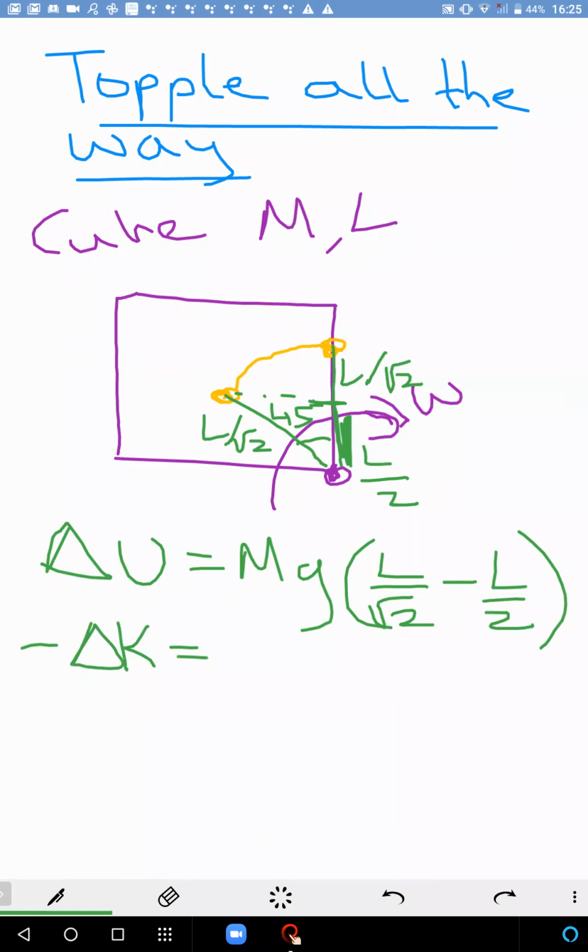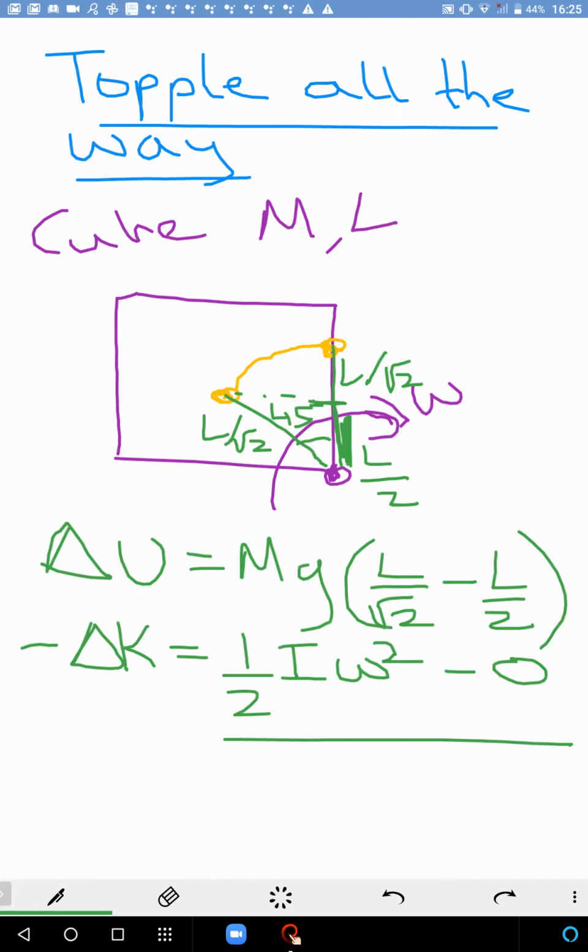The kinetic energy has decreased by how much? Finally it was zero, so it decreased by whatever it was initially. So delta K should be half I of the cube into omega squared, initial minus final. Initially it was this much, finally it was 0. If we use the minimum omega, then finally in this position the omega of the cube can be 0. Even if it just reaches that position and just crosses it, beyond that it will completely fall, right? So the minimum final omega can be 0, when you're trying to find the minimum omega for this to completely topple.